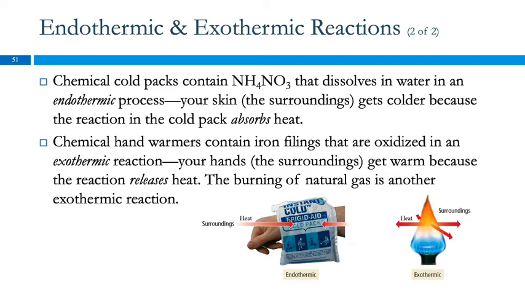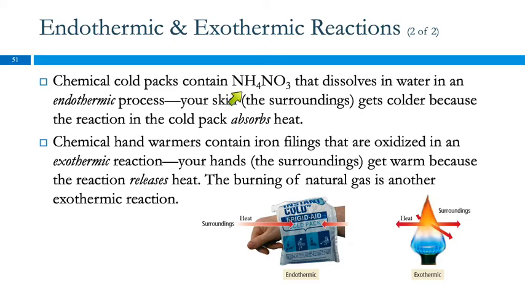So we started this chapter talking about the little hand warmers. There are also little packets that when you do something to them, they will become cold all by themselves. It's kind of magical, isn't it? So these chemical cold packs, these instant ice packs, we sometimes keep these at athletic events, so you don't have ice present. You just open this up and squish it, and it gets cold, and you can ice your sore muscle.